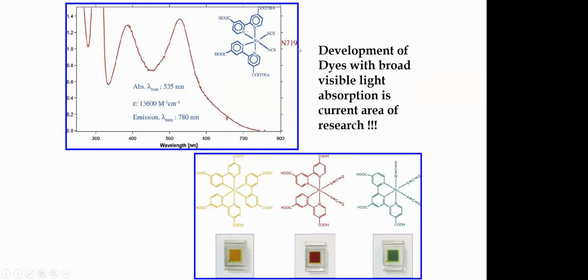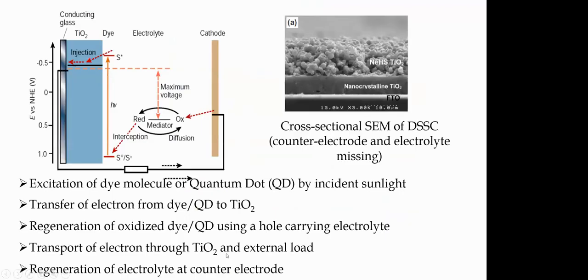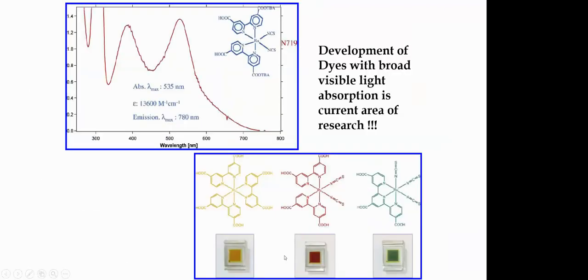Then you fill the dye. Different color dyes can lead to different color dye-sensitized solar cells. These are rare earth-based organic complexes that lead to these kinds of dyes. Most popular and most common is ruthenium-based because of the wide spectrum over the entire solar region. That's why it is most commonly used in dye-sensitized solar cells.